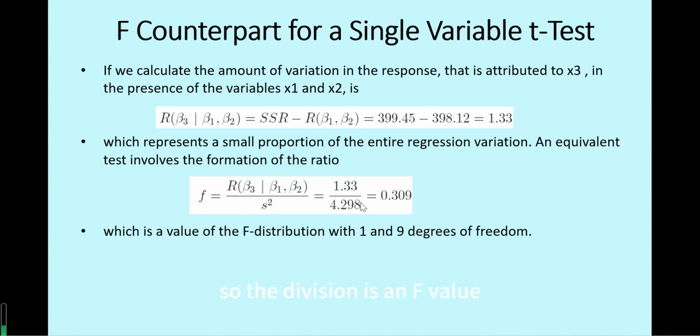The division gives an F value, which follows an F distribution with 1 and 9 degrees of freedom. You can see this is not significant in the F-test also. So we get the same result as with the t-test for the significance of this coefficient.